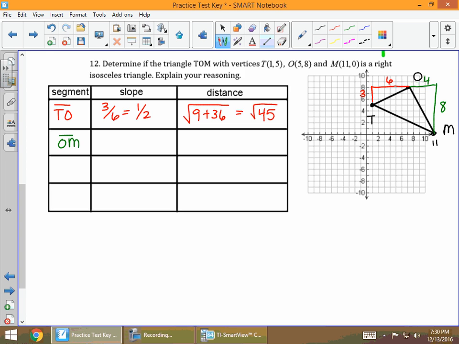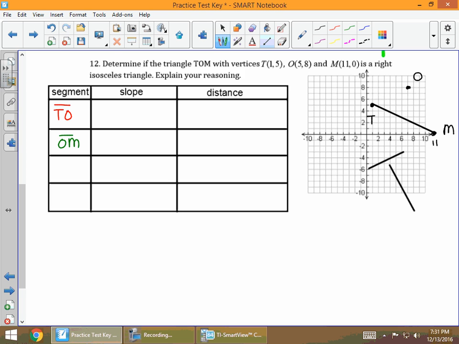You know what? I'm looking at this and I made a mistake. Get rid of this. I plotted this point in the wrong spot. I put O in the wrong place. O should have been over 5. I went over 7. So over 5 and up 8. That looks like a better place for it.